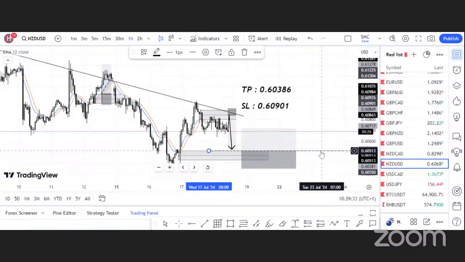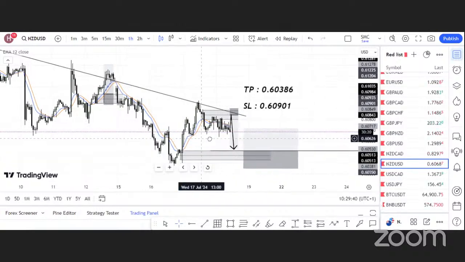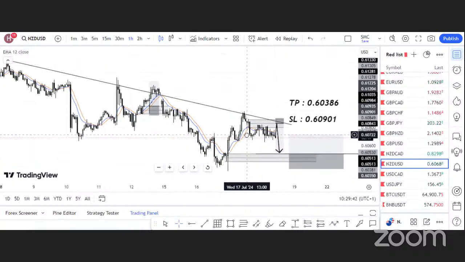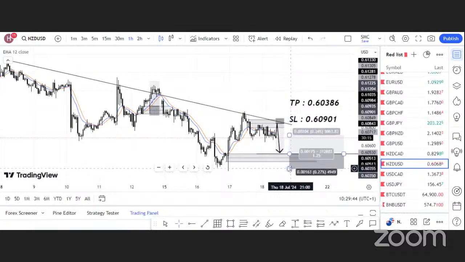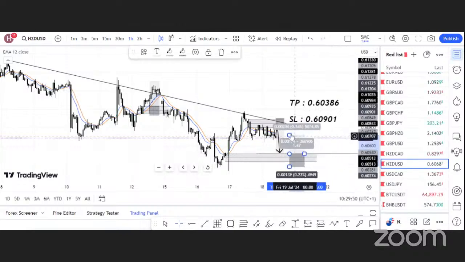I'll set this as the entry point, which is where I want my order to get executed. So I'm going to enter the entry point, my stop loss, and my take profit. You have to specify a take profit and a stop loss for your trade. It is very, very important.